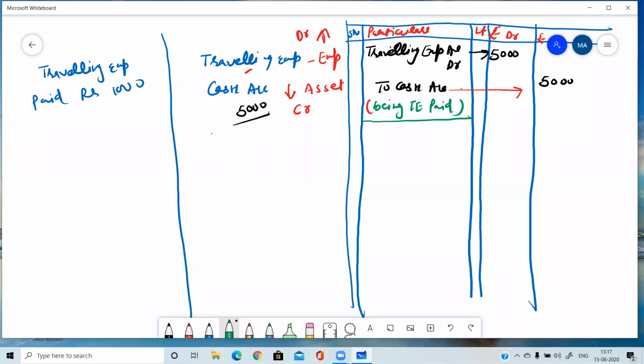Write down the next transaction, that is withdrawn rupees 5,000 to pay fees of son. It means the proprietor has withdrawn rupees 5,000 to pay fees of his son.